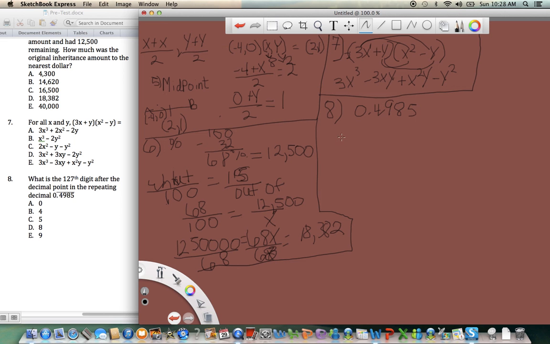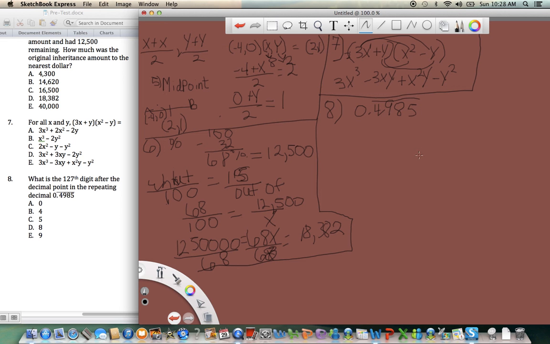Alright, so when we're looking at solving this, what is the 127th digit after the decimal point in the repeating decimal? Well, you can see it's just the 49 and the 85 which repeat. So because we want to know the 127th digit, you want to go up in multiples of 4, right? I would know the fourth digit is 5, the 8th digit would be 5, the 12th digit would be 5.